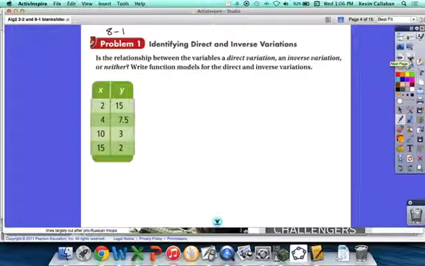So in order to detect whether data represents a direct or an inverse variation, you've got to see if it fits the pattern. Is it y equals kx or is it y equals k over x? The first clue in this one, notice as the x's get bigger, the y's are getting smaller. So which kind of variation might that be? That might be an inverse.